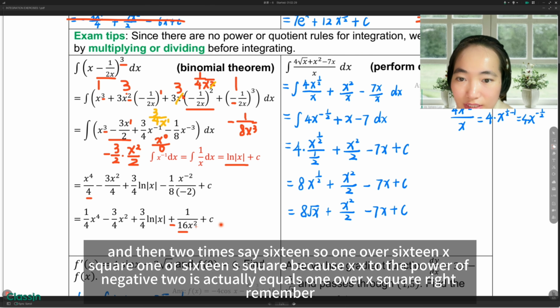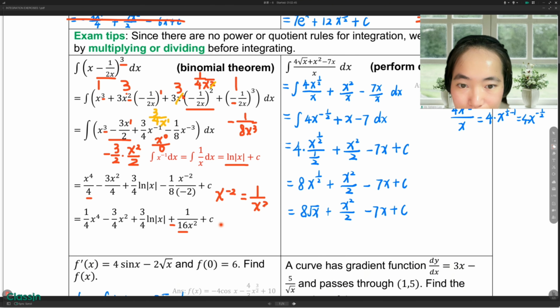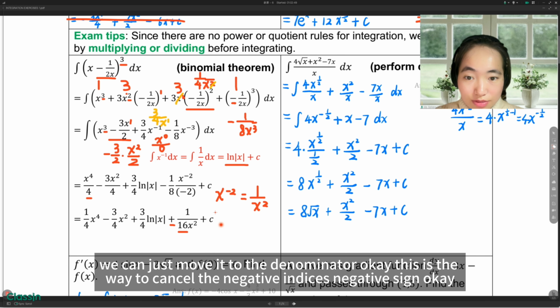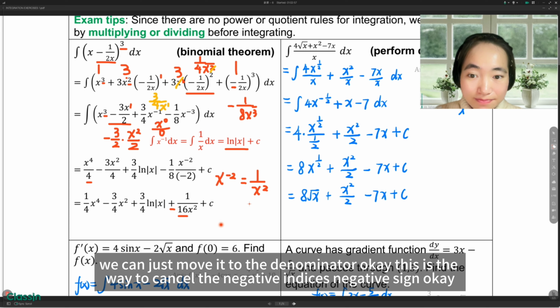So 1 over 16 x squared, because x to the power of negative 2 is actually equal to 1 over x squared, remember? The power is negative, we can just move it to the denominator. This is a way to cancel the negative indices, the negative sign.